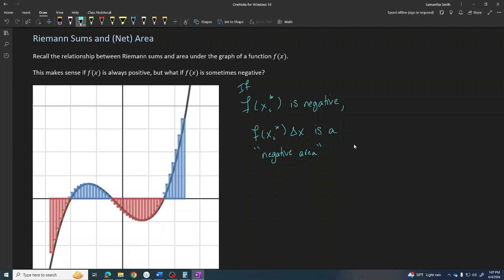So this is an area with a sign attached. The area of the rectangle is basically being assigned a negative value to capture the fact that this particular rectangle would be below the x-axis instead of above the x-axis.